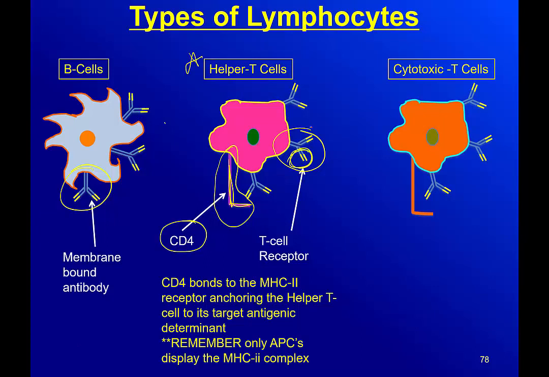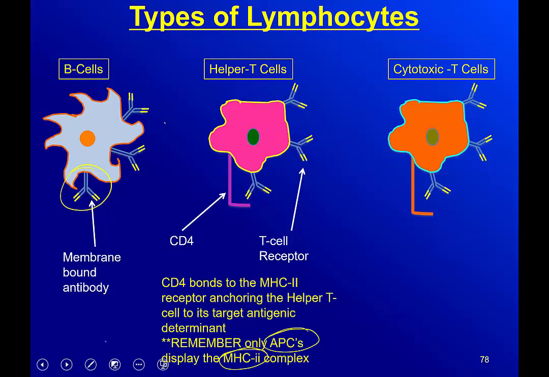Whatever this variable region recognizes is what I recognize. Remember that for my helper T cell, it's the antigen presenting cells that are displaying MHC-II. It's the person holding the wanted poster. I'm not killing them, they're just showing me something. I hope that makes sense.